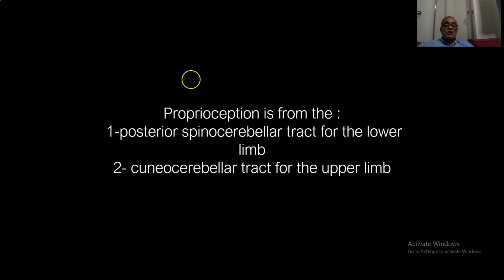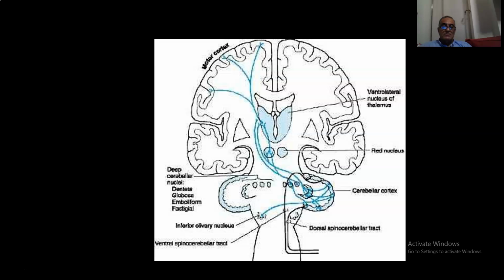To adjust the position in space, to adjust the equilibrium of the body, we have to receive information about the sense of position, about the deep sensation from the body, continuous information to the cerebellum, so it can adjust the equilibrium according to the information it is getting. That's why the cerebellum has to receive deep sensation from the lower limb and the upper limb.